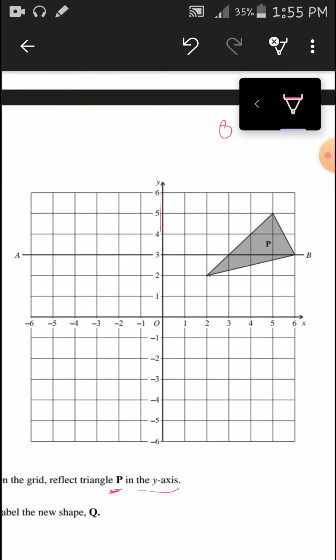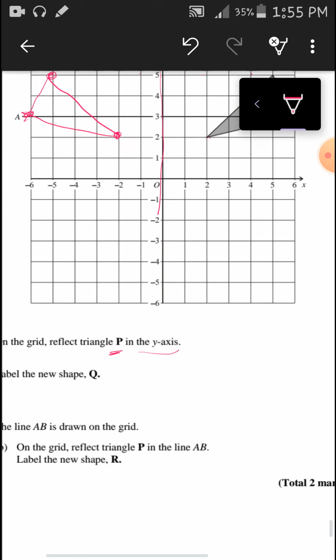So this is the mirror, which is the y-axis. Here's the first image of the vertex. 1, 2, 3, 4, 5. 1, 2, 3, 4, 5. And this one will be here. We did this. This is Q.